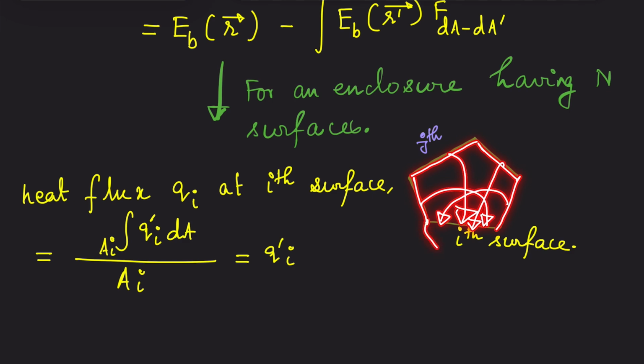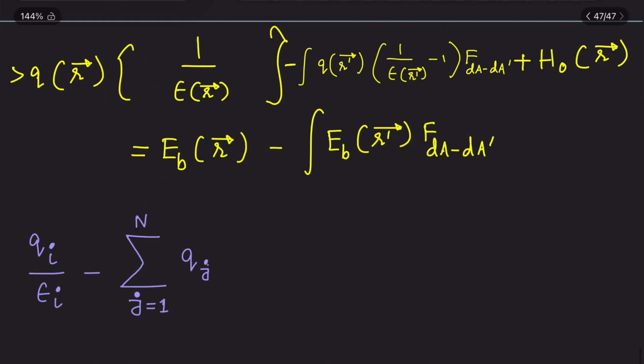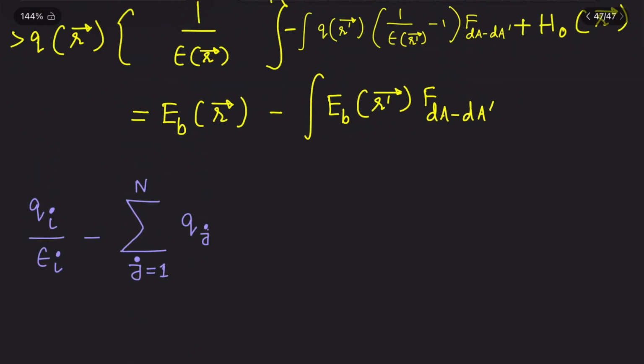And if this surface was like this ith surface, then from this surface itself how much energy is coming. So I need to find an expression of the energy that is coming from the jth surface, and I need to sum up over all the surfaces. That is why this is j equal to 1 to n.